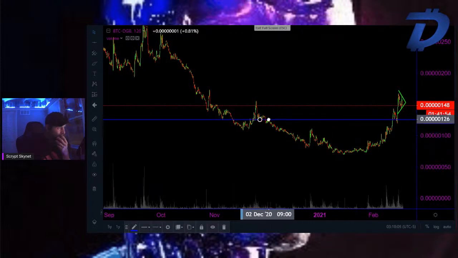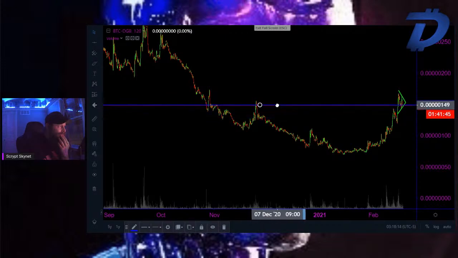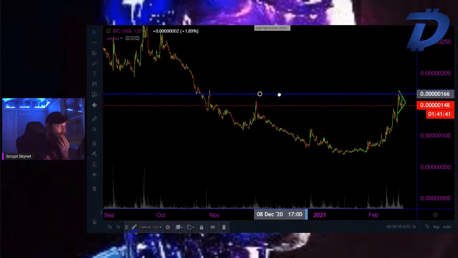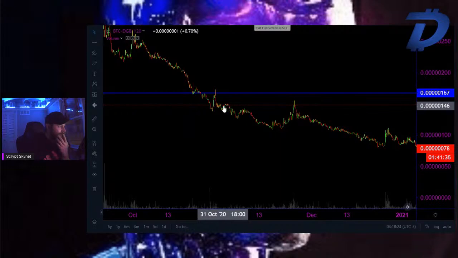Yeah, it was fighting right here, and it broke out and then popped back up. But now it's this. That's where it's at, but that's how high it went. Looks like we're fighting with this little dude.